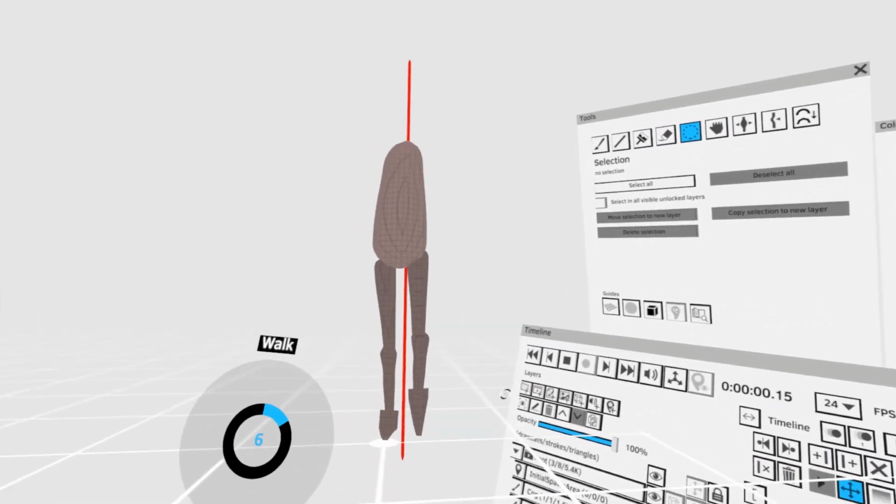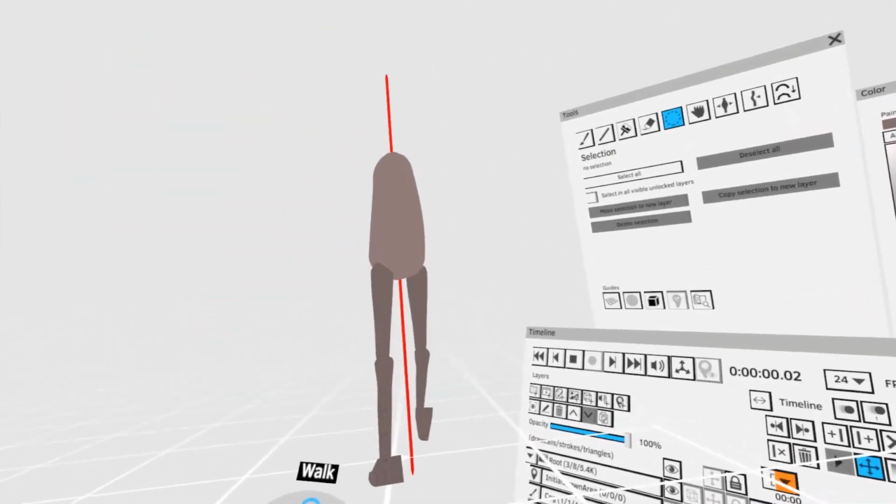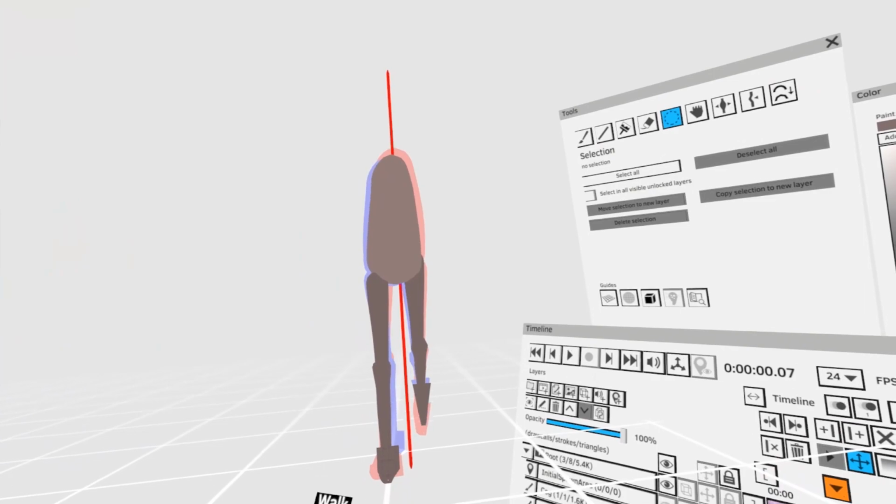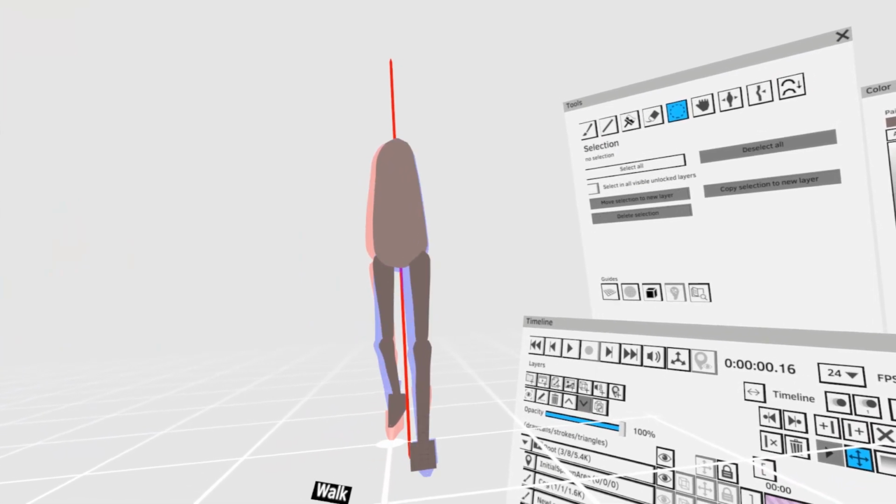Cool. And from the front, it looks a little weird. So now is a good time to fix all of these problems. And the reason is because I didn't look at the poses from every angle.